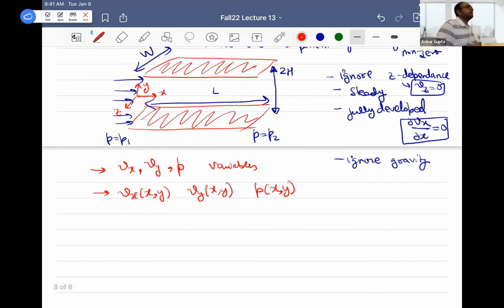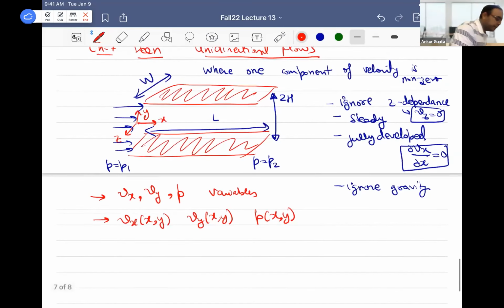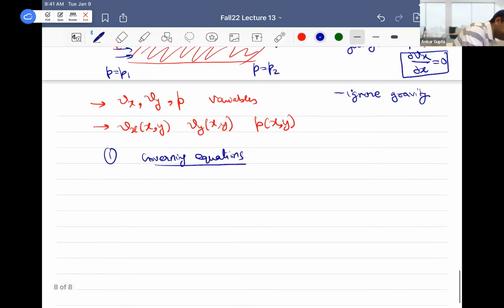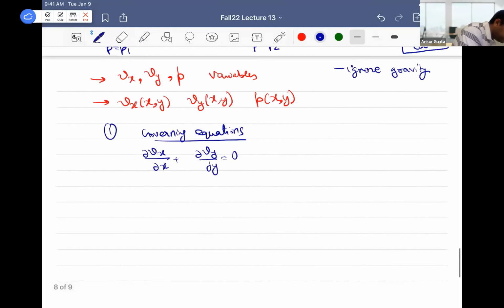Any questions just for the problem setup before I start with the governing equations? So step 1, governing equations. I just want to write them in full form so that you can see. Del Vx by del x plus del Vy by del y is equal to 0. Rho Vx del Vx by del x plus Vy del Vx by del y.